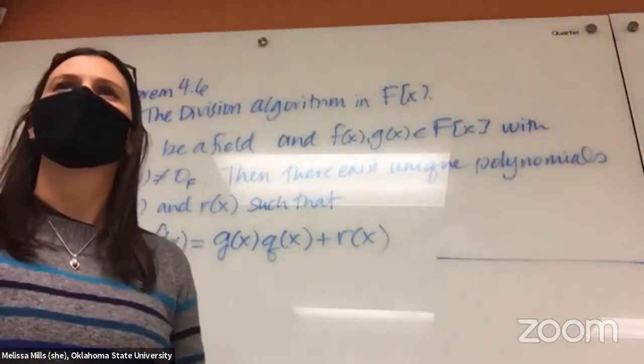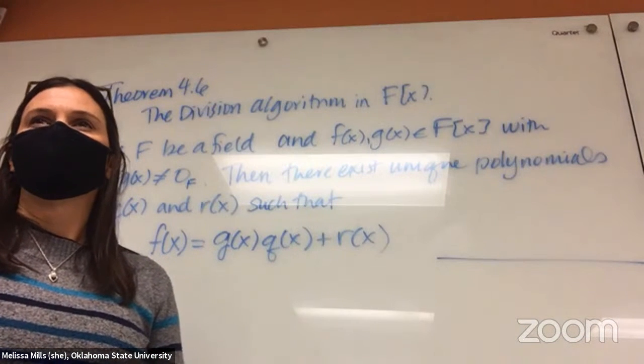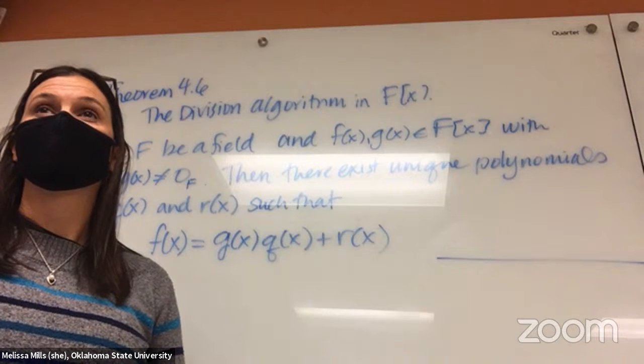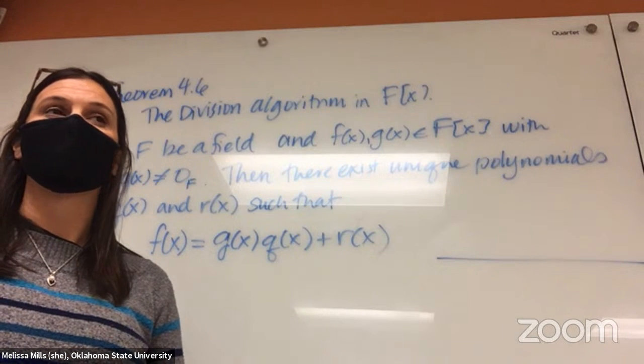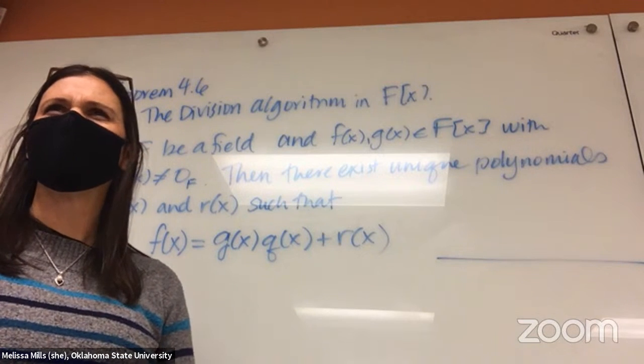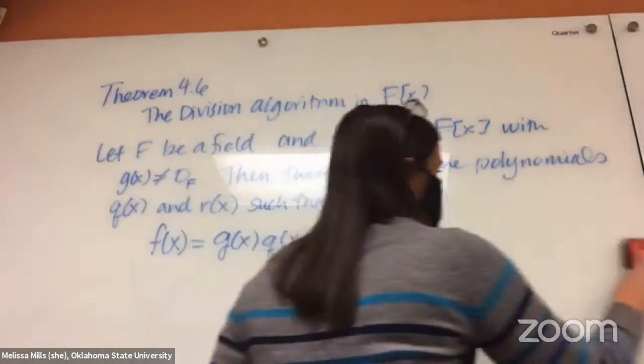William, yeah. I was just going to say, if the degree of g of x times q of x has to be the degree of f of x, and r of x can't be bigger than the degree of g. Yes, that's actually the condition. Yes, so good.